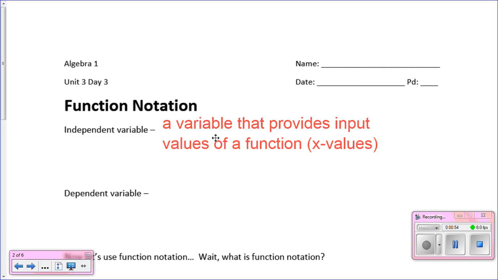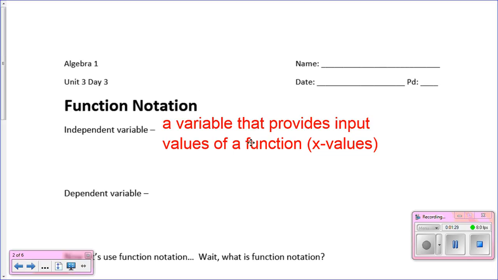So the independent variable is a variable that provides input values for a function. A function, like I said, is only a rule. Especially a linear or quadratic, it follows a rule. That's why it makes those shapes. So when you see a function, a lot of times it's a picture that we make from an equation where we put numbers in, those input values, into a function and get something out.